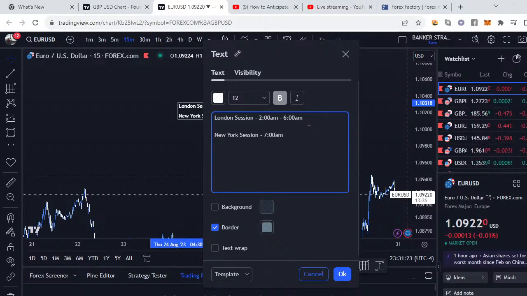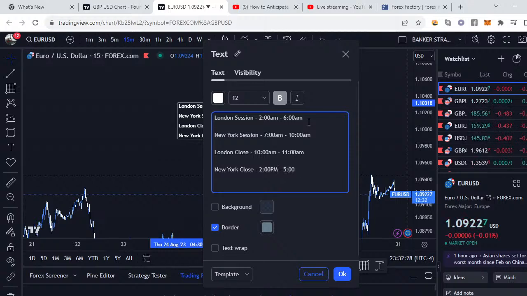So New York Open is between 7 a.m. to 10 a.m. London close is between 10 a.m. to 11 a.m., and New York close is 2 p.m. to 5 p.m., and then the market close.